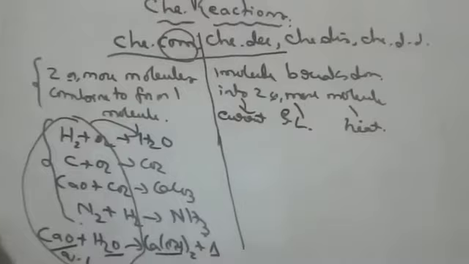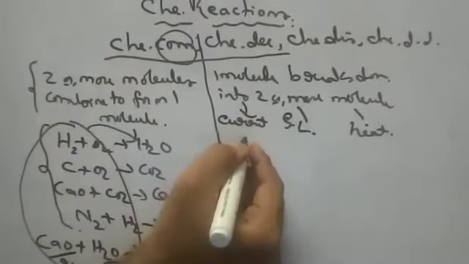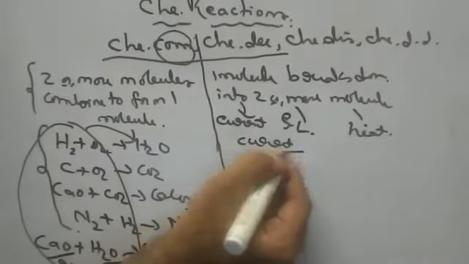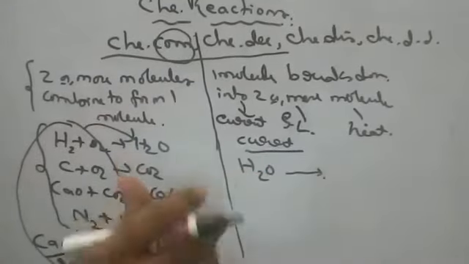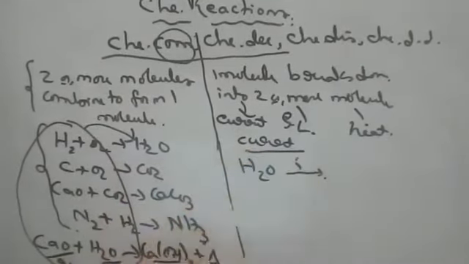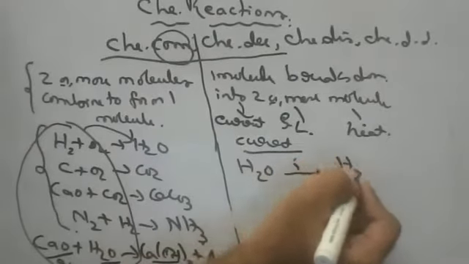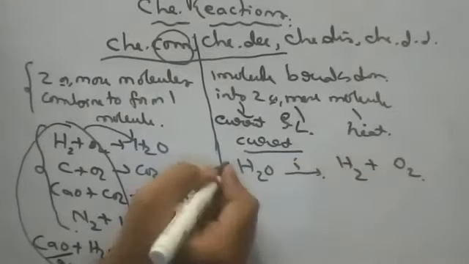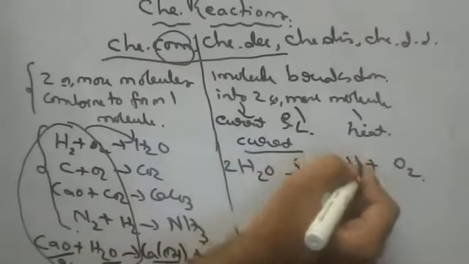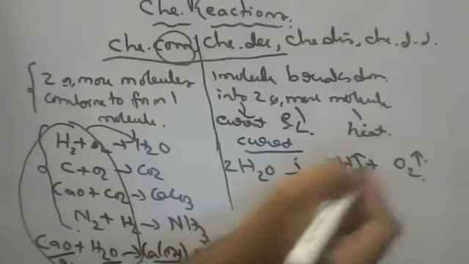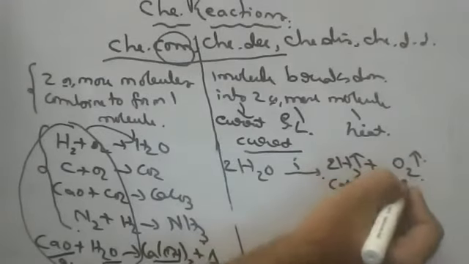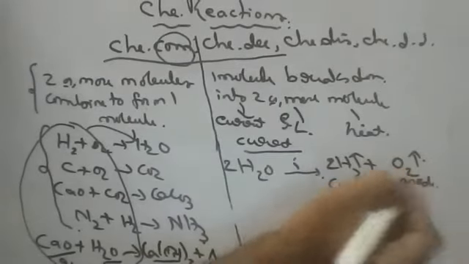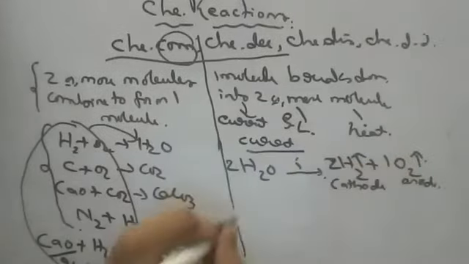Coming to the presence of current, the best example is water. Activity 1.7, I will explain that activity separately. Just listen. When you pass current into water, it breaks down into H2 plus O2 gases. On balancing, hydrogen gas is liberated, oxygen gas is liberated. Hydrogen is positive, so it is liberated at the cathode. Oxygen is negative, so it is liberated at the anode, in a 2:1 ratio.